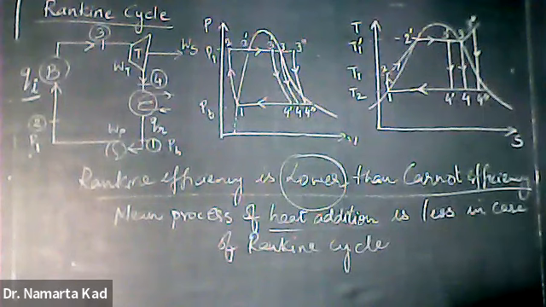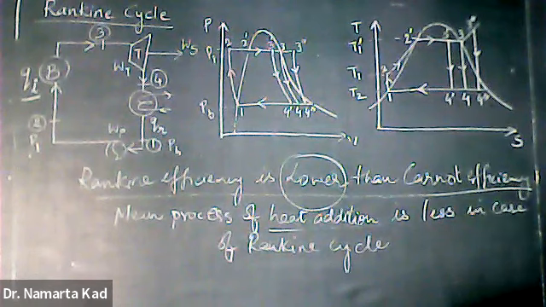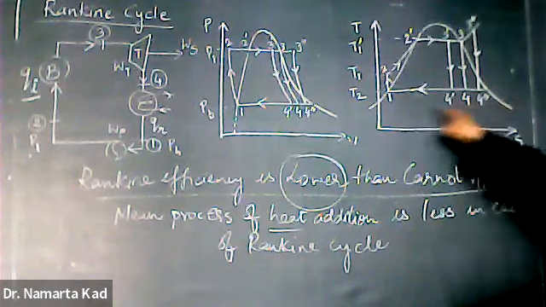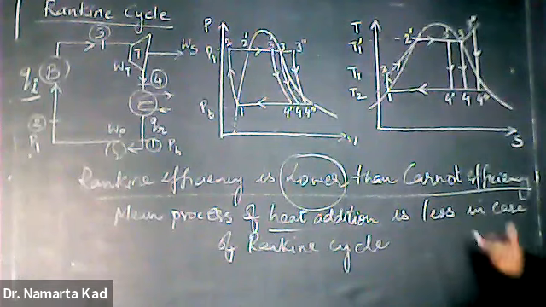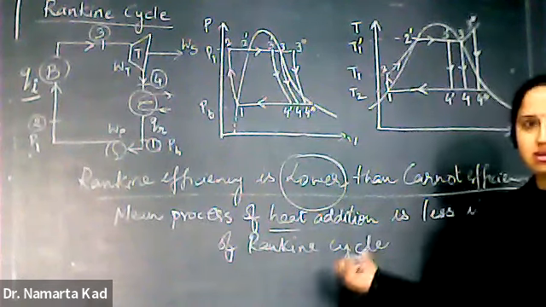I'm again repeating the reason: the mean temperature of the heat addition process in the Rankine cycle is lower than in the Carnot cycle, whereas the mean temperature of heat rejection in both cycles remains the same. This is the main reason behind the low efficiency of the Rankine cycle.